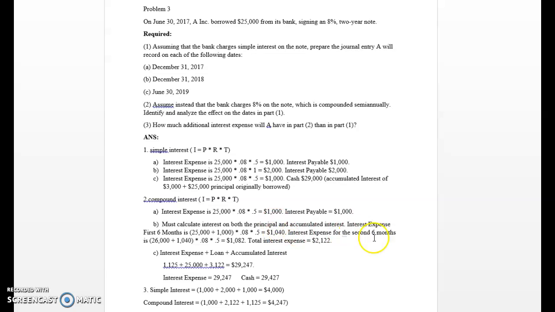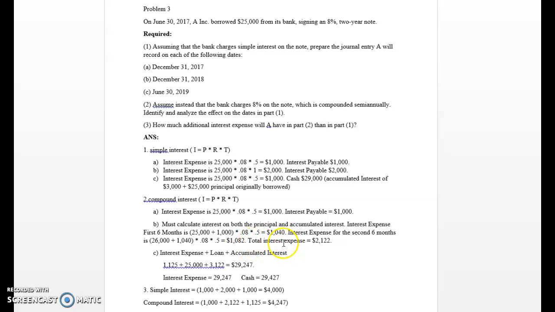For the second 6 months, using the same equation, we're going to have $26,000, which is the amount we borrowed from the bank plus our original interest expense through December 31st, 2017, so $26,000, plus our interest expense from the first 6 months of $1,040, times our 8% interest rate, times 0.5, because we're only going from June 30th, 2018 to December 31st, 2018, and that's going to give us our interest expense for the second 6 months of $1,082.